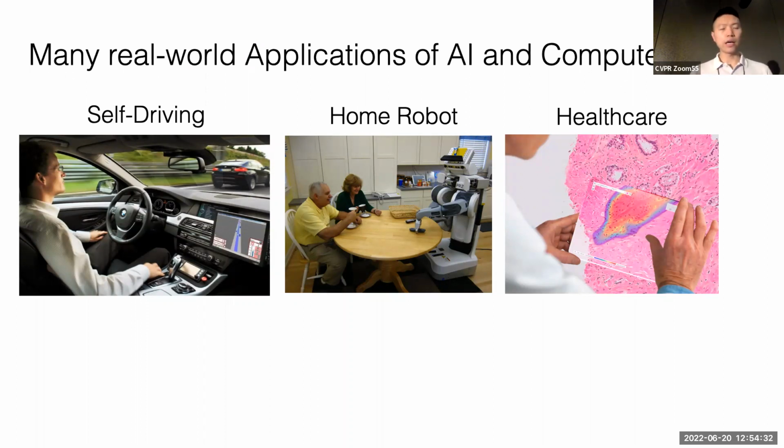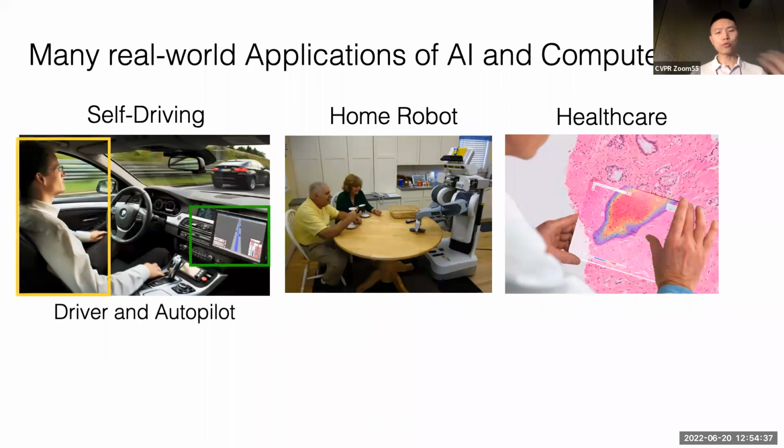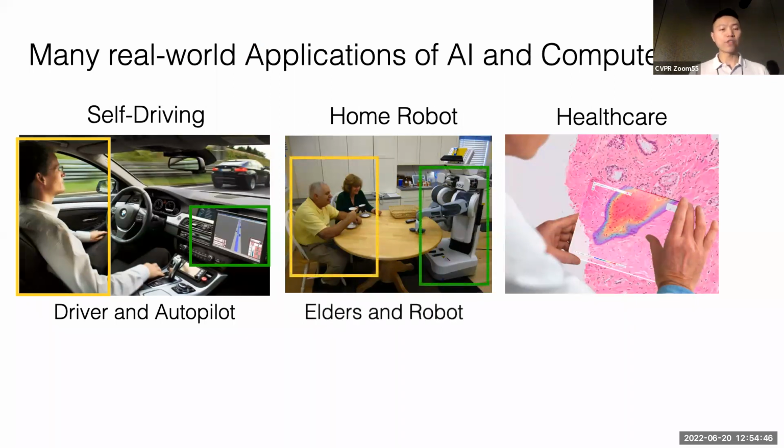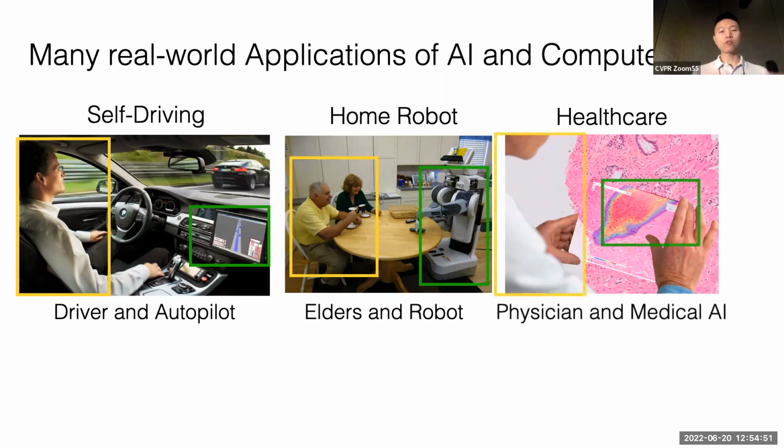In different AI applications, you can notice that there are always two counterparties. For example, in self-driving, we have the driver and the autopilot AI system. In home robots, we have the elderly people and also the robots. Also for healthcare medical decision making, we have the physician, the human doctor, and we also have the medical AI. So in these real-world applications, we always have two counterparties, human and AI models.